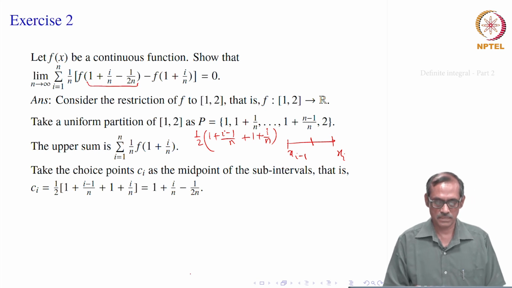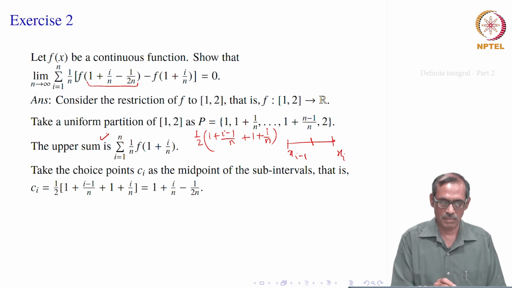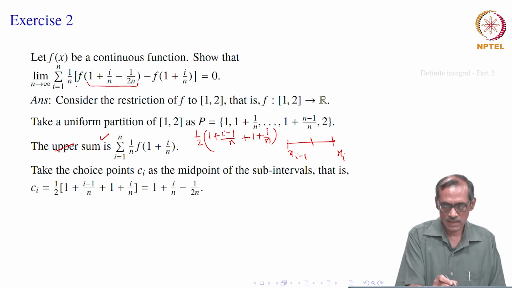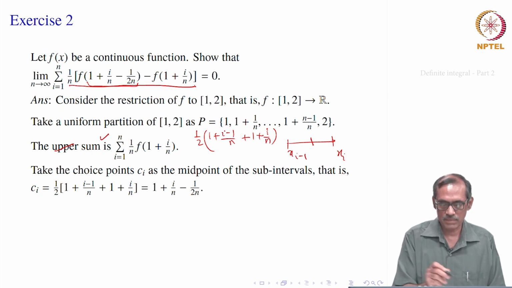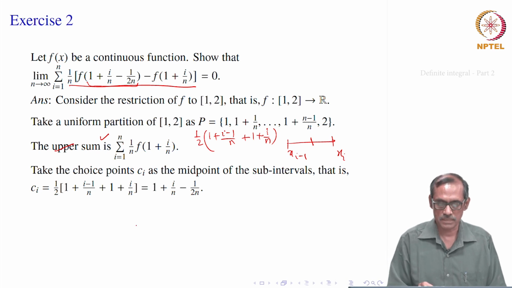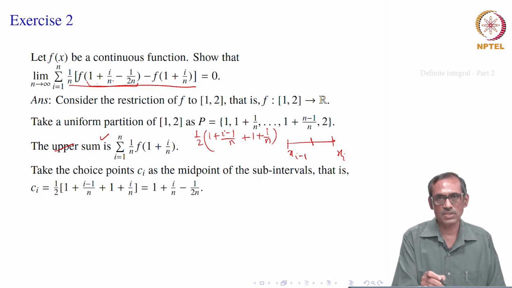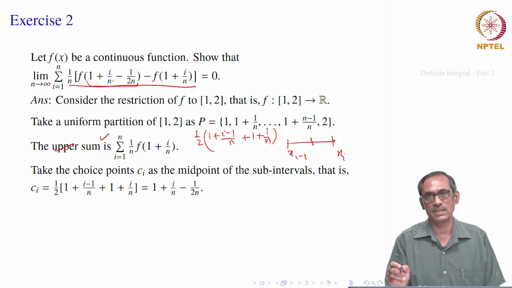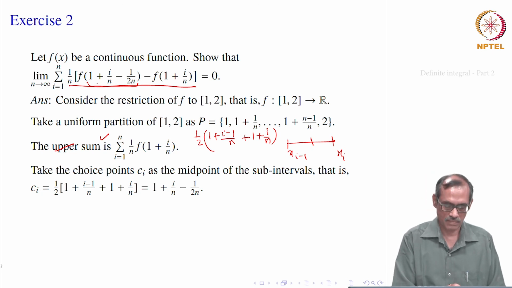So, that is our c_i, and that is one particular Riemann sum, where c_i is chosen as the midpoint. So, the expression we have is a Riemann sum where c is taken as the set of right endpoints, and the first one is where c is taken as the set of midpoints.